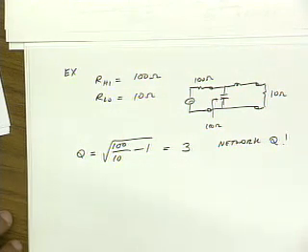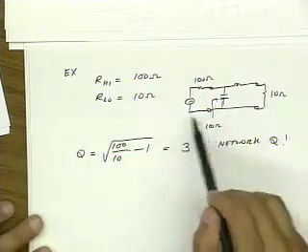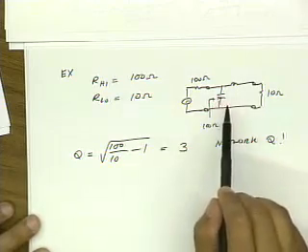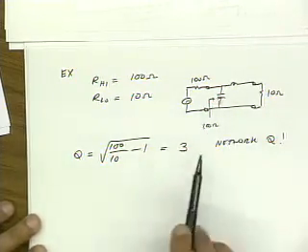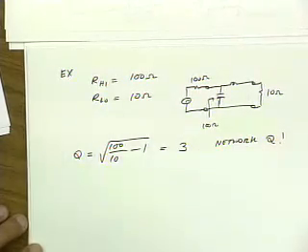Okay? Now what's interesting is this is the network Q. This is the Q of the overall circuit. It has nothing to do with the component Qs. Up to here we're assuming our components are ideal. We'll come back and look at what happens when we have non-ideal components, but for now let's just keep it ideal.